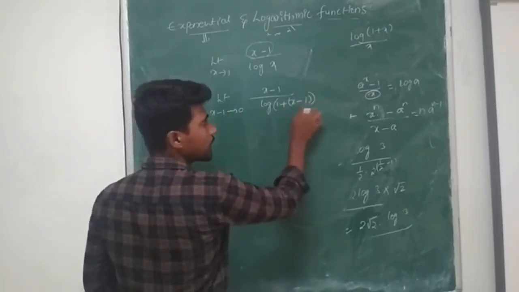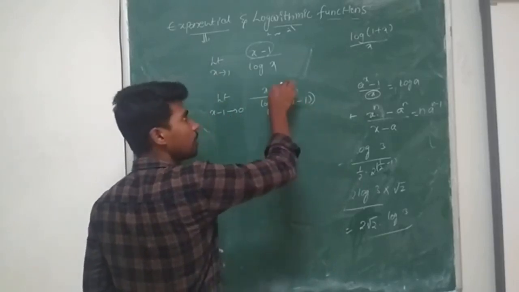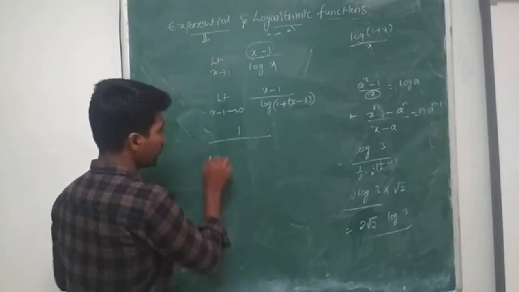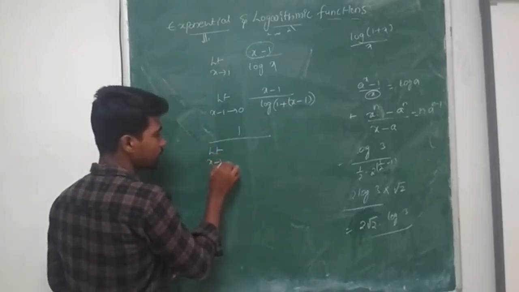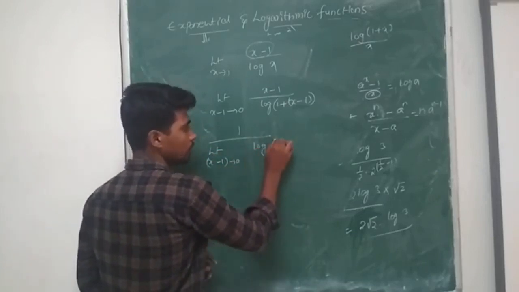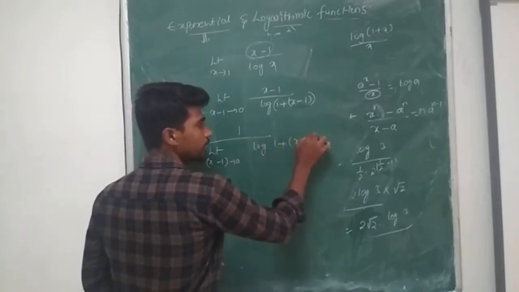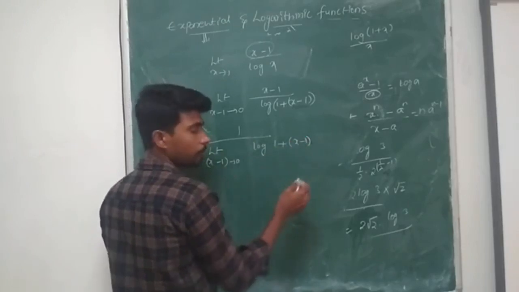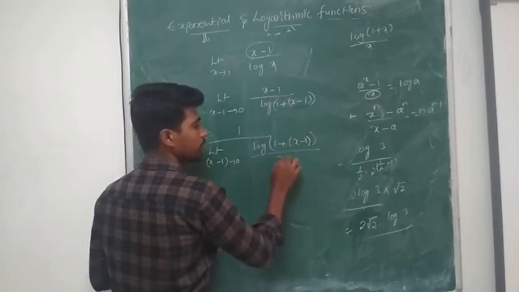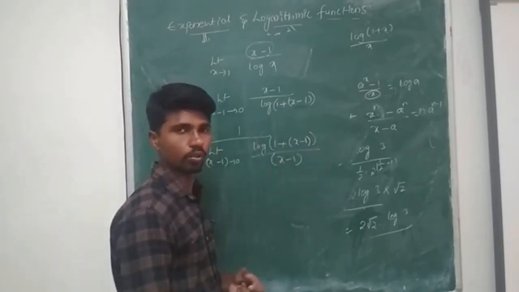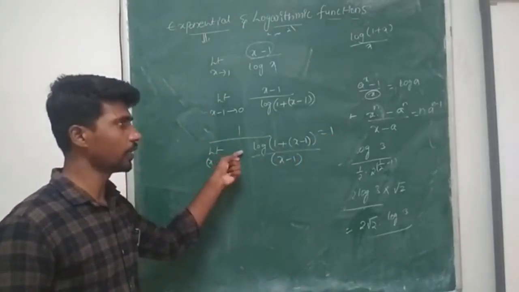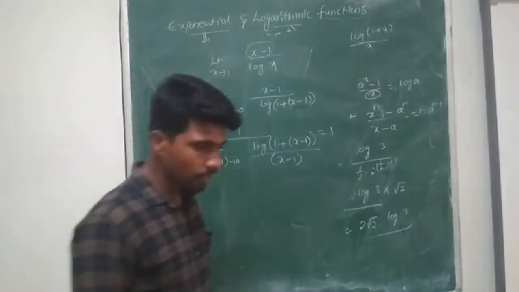So this is 1 plus x in the log and x in the denominator, so I can rewrite it as 1 by limit x minus 1 tending to 0 of log (1 plus x) by x, where x means x minus 1 by x minus 1, which is equal to 1. So my answer is 1 by 1, which is equal to 1.